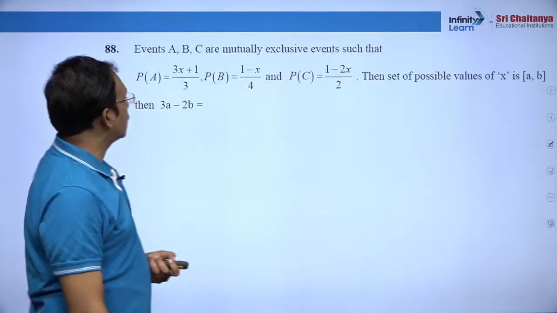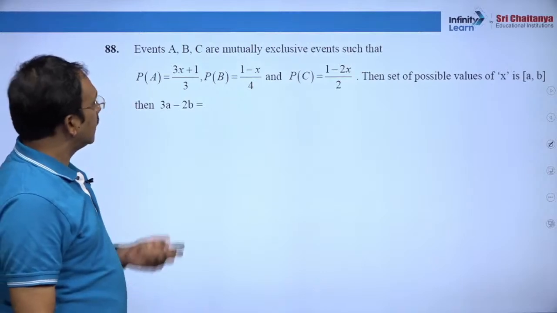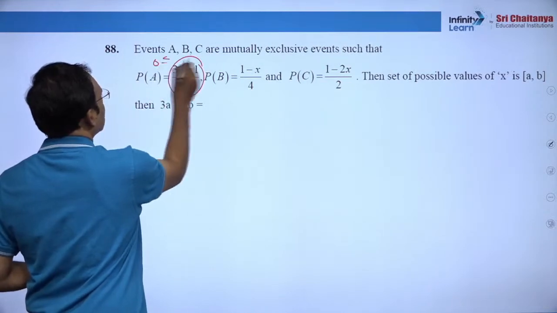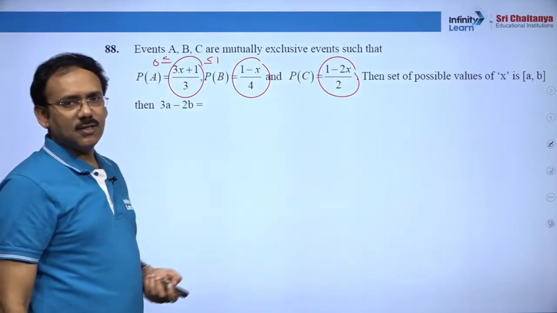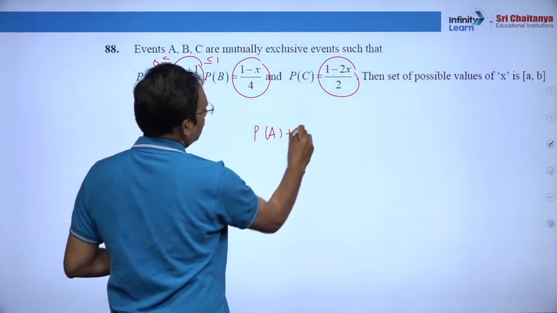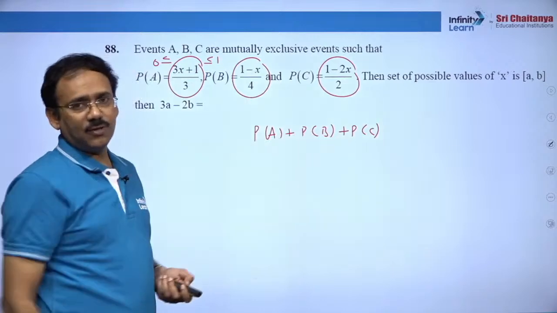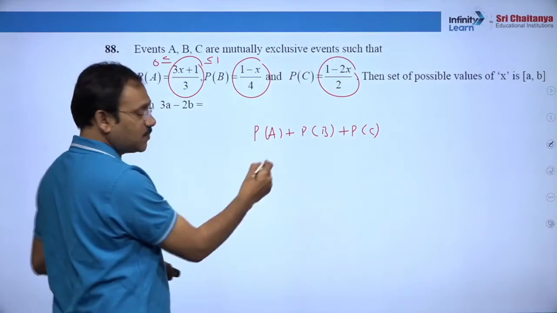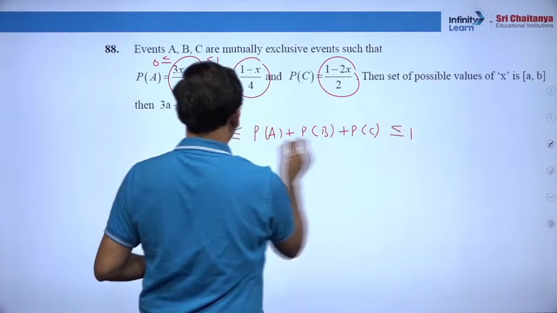Okay. Next, dear students, A, B, C are three mutually exclusive events, then what could be the possible values of A and B? Each probability must be 0 to 1, so these are three simple inequations. And P of A union B union C means P of A plus P of B plus P of C, the rest of all will become 0: A intersection B, B intersection C, C intersection A, A intersection B intersection C. So this P of A union B union C will also be between 0 to 1.